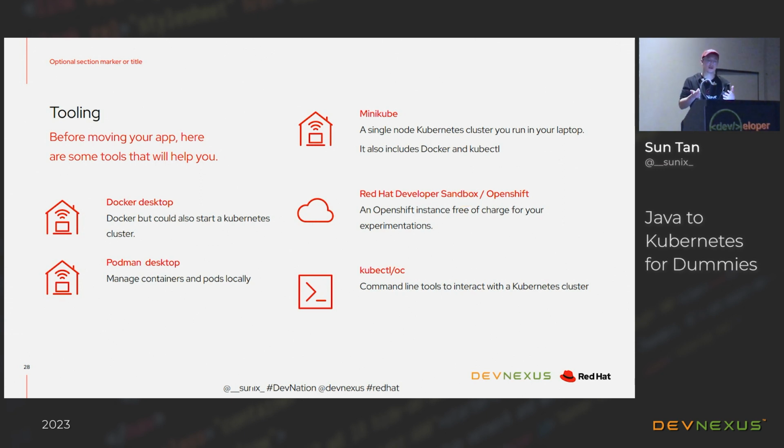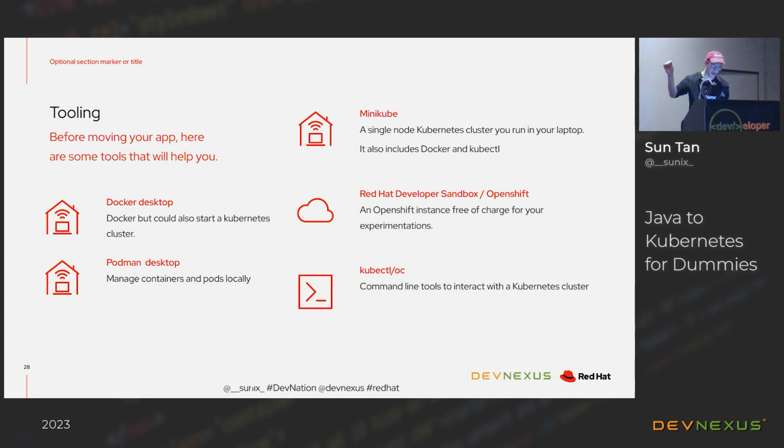It's Kubernetes that is easier to install and with a lot of tools around it. It is maintained and supported by Red Hat. You can give a try with what we call the Red Hat Developer Sandbox. It's free of charge. Of course, it's limited in resources, but you can make your experimentation there. And I'm going to use that in my demo at the end.